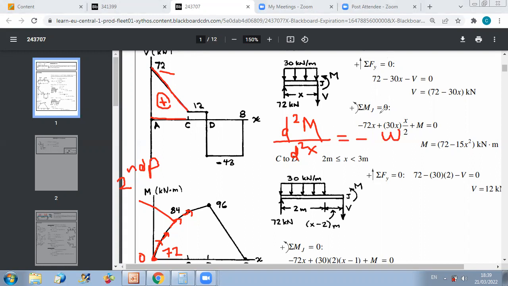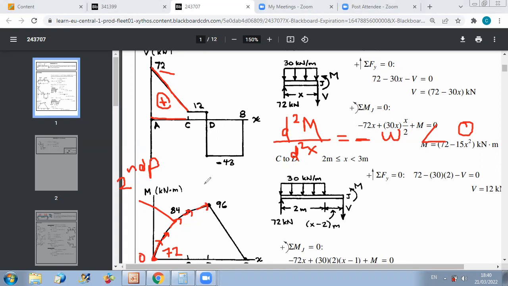And here we consider the convention that W downward is positive. So the second derivative of M, minus W, is negative. So we have a downward concavity of bending moment. And we can verify this from the decrease of slope. V is decreasing, this means that the slope is decreasing, and this will give me a downward concavity.